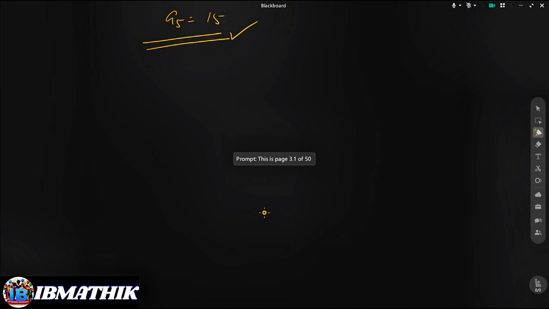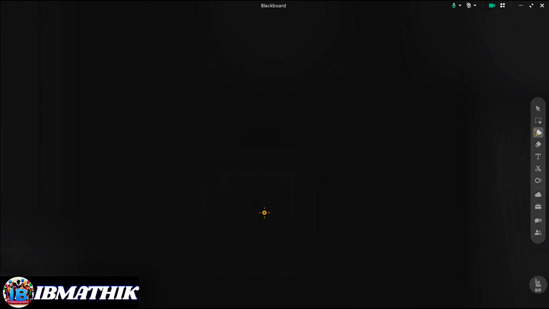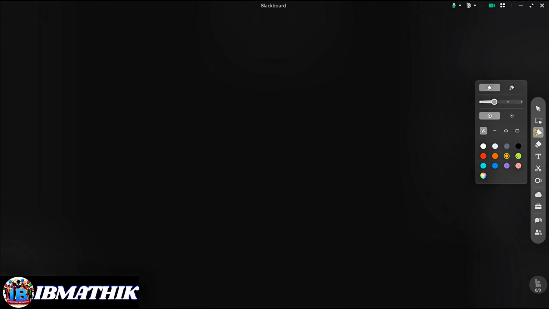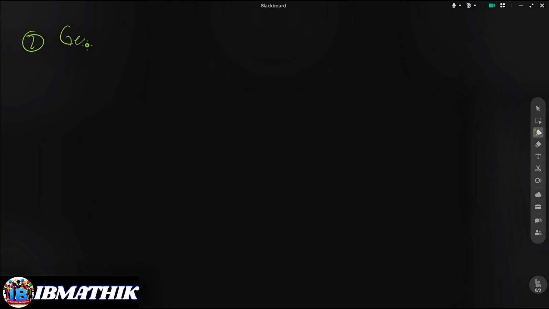Just a quick summary of our lesson 2. Now let's move on to another sequence. The second sequence that we tackled in lesson 2 is the geometric sequence.